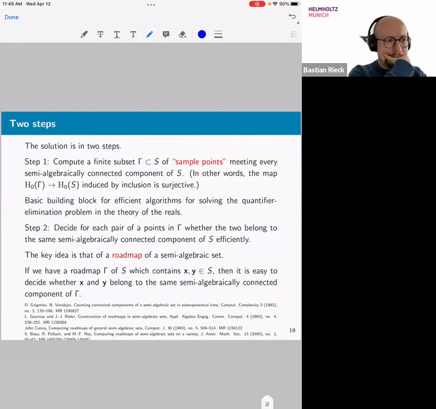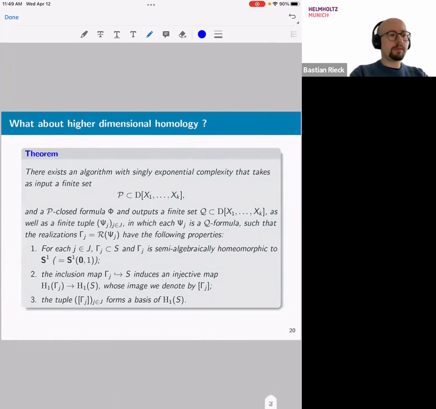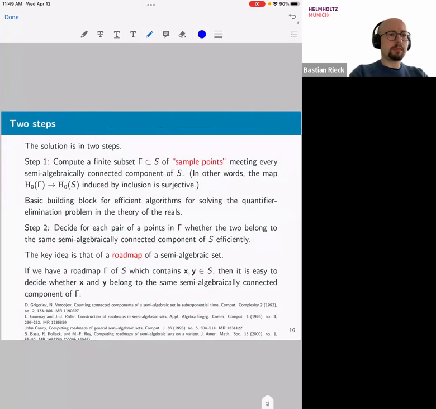So, as I said, there's a long history of producing roadmaps of semi-algebraic sets. But what about the higher homology? And so maybe I'll mention this new theorem, which is work with Sarah Percival, also an ex-student of mine, which says that you can do the one-dimensional analog of the previous.